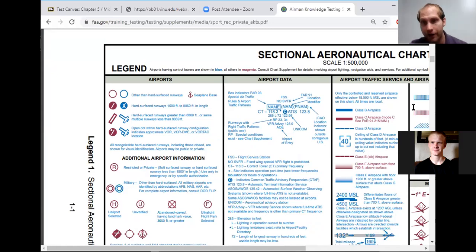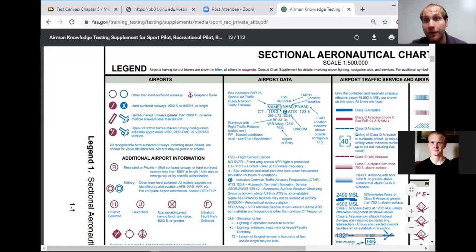Yes, we should already know how to read the legend and know what the symbology means, but in a pinch, you could literally open up this document and see how is Class Bravo airspace depicted? How is Charlie airspace depicted versus Delta? What does it mean if there's a CT 118.3? Well, CT means control tower, primary frequency. So this legend is one of the most important things that we need to study.